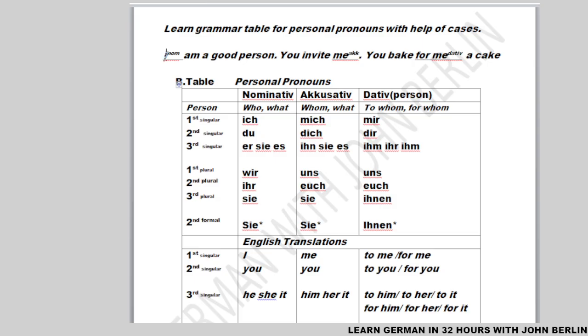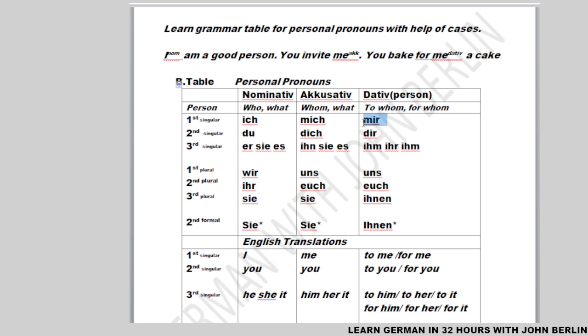Please note, I and me exist in English like a pronoun as well as in German, ich and mich. But in English, you see for me does not exist in the form of a pronoun. In German, it exists in the form of a pronoun, mir. Now, mir could be interpreted like for me. In other instances, if the sentence demands, we can also understand it like to me.